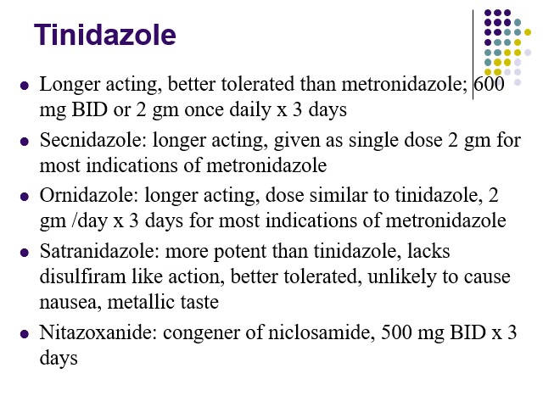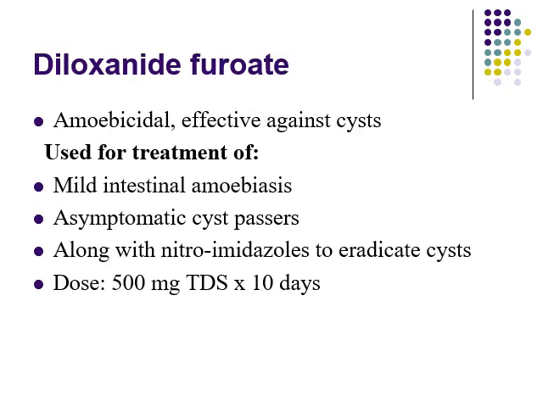Nitazoxanide is again a newer drug. It is a congener of niclosamide, an antihelminthic drug. The dose used is 500 milligram twice daily for 3 days. Next is diloxanide furoate. This is again an antiamoebic drug. It is effective mainly against the cysts.